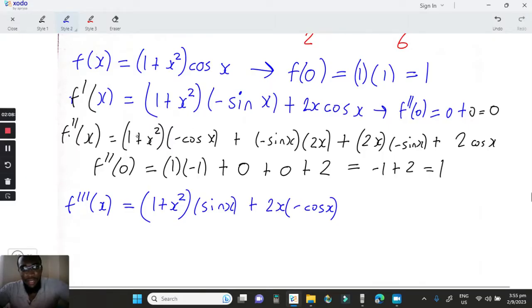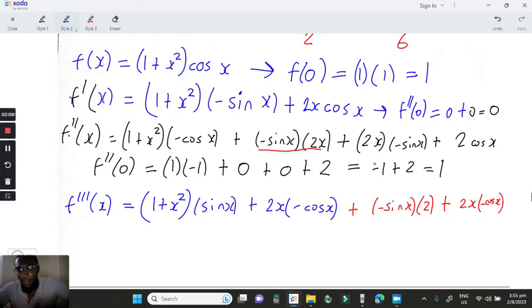So differentiate this part. You only need to differentiate this part now. Plus product rule again. Keep the first times the derivative of the second. Plus keep the second times the derivative of the first. And we'll differentiate negative sine, we get minus cos x.